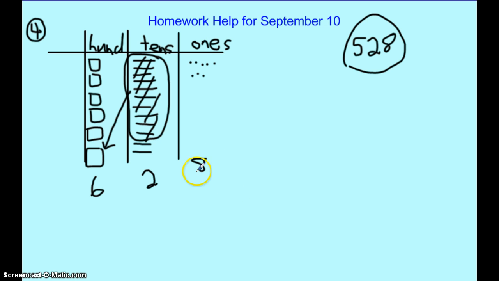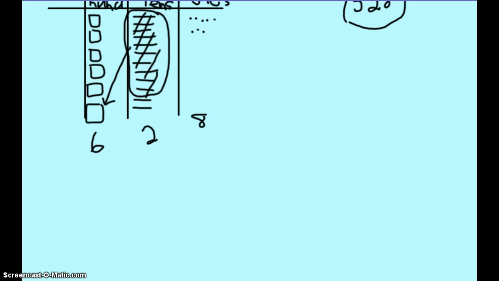Okay, if you would, let's go to the next problem that I wanted to share with you, which was problem number 7. Here, it shows you that they're making different ways for the number 26. So, the first way they have here is they use 2 tens and 1, 2, 3, 4, 5, 6 ones.